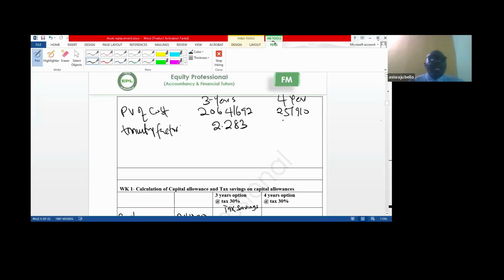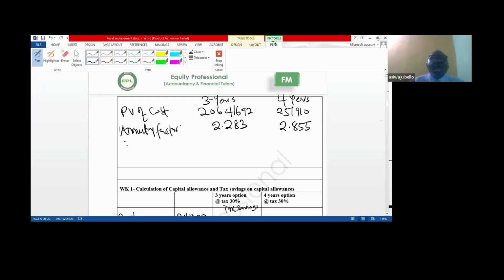Annuity factor for 4 years: 1 minus 1 plus 0.15 to the power minus 4, divided by 0.15. Annuity factor here, 2.855. This is for 3 years. Replace after 3 years. Replace after 4 years.